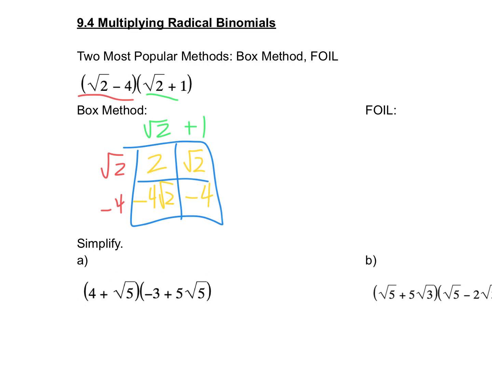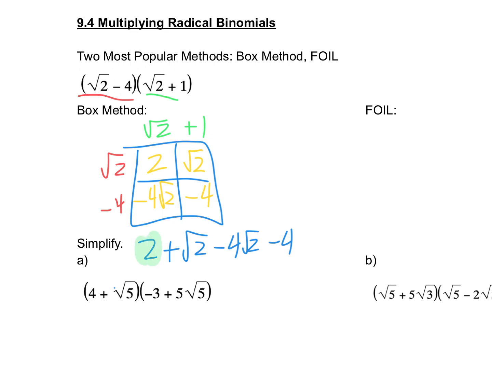And then to write my answer, I will just write all of my terms together. So I'm going to start with this corner and then just do a little zigzag pattern like that. So I have 2 plus the square root of 2 minus 4 square roots of 2 minus 4. I could then combine my like terms.